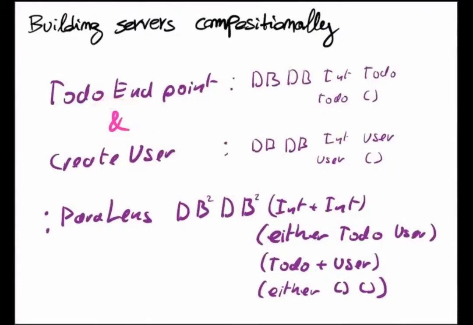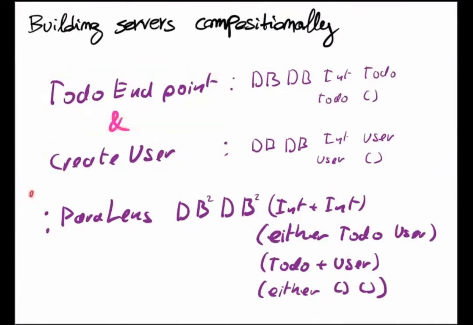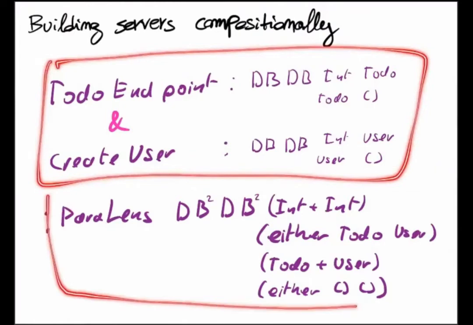So here we have an example of two endpoints, one of which is to create, access and update a to-do item, and the other one is to create a user. And if we use dependent parameterized lenses, the type of this gigantic server is this type signature.